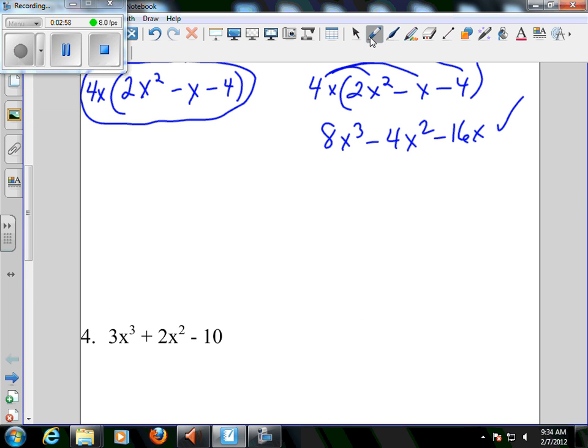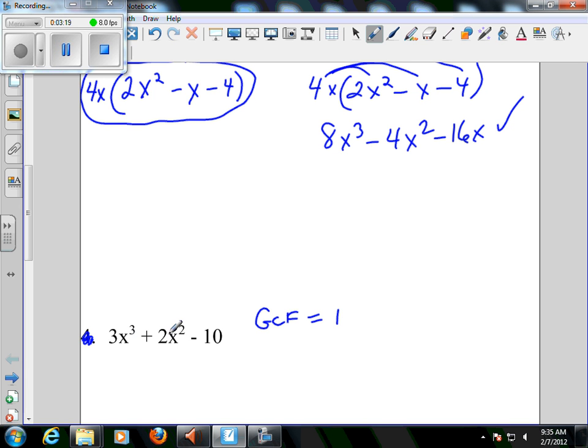I didn't mean to have this one have a number in front of it. We'll just cross that out. 3x to the third plus 2x squared minus 10. So we're looking for a GCF here. And, well, the only GCF that we can find for 3, 2, and 10 would be 1.